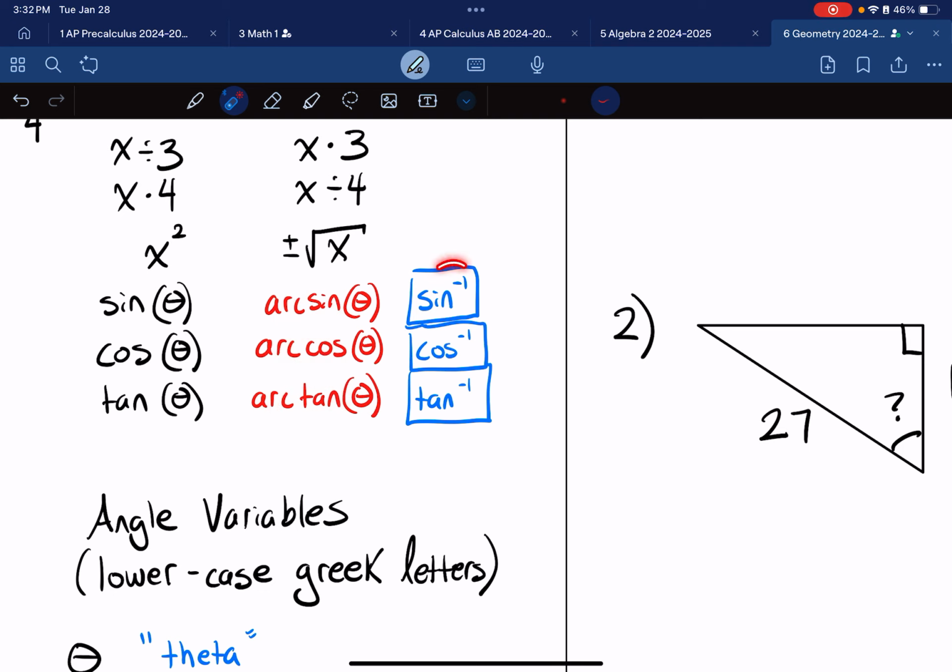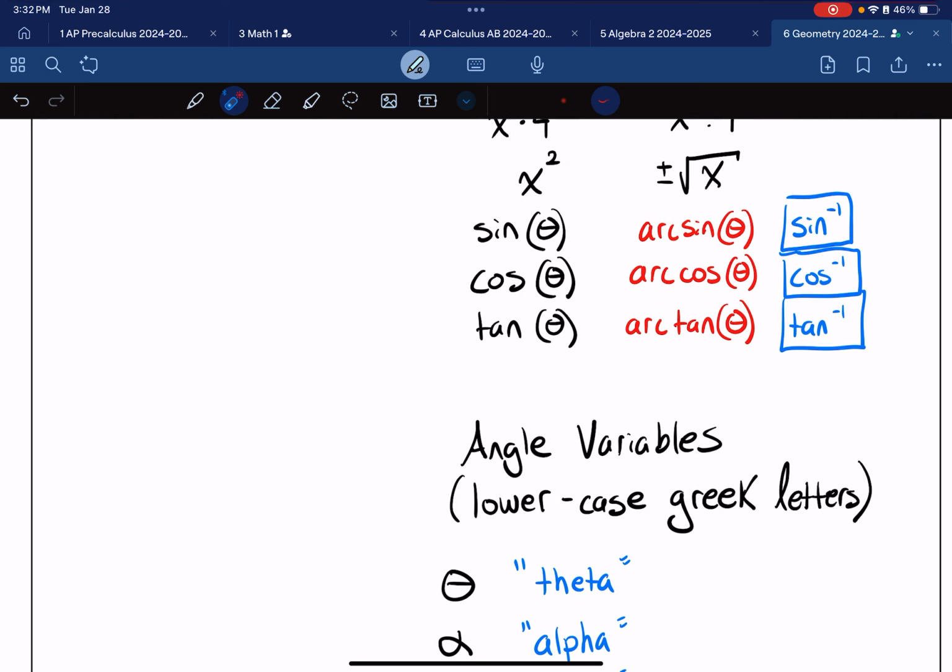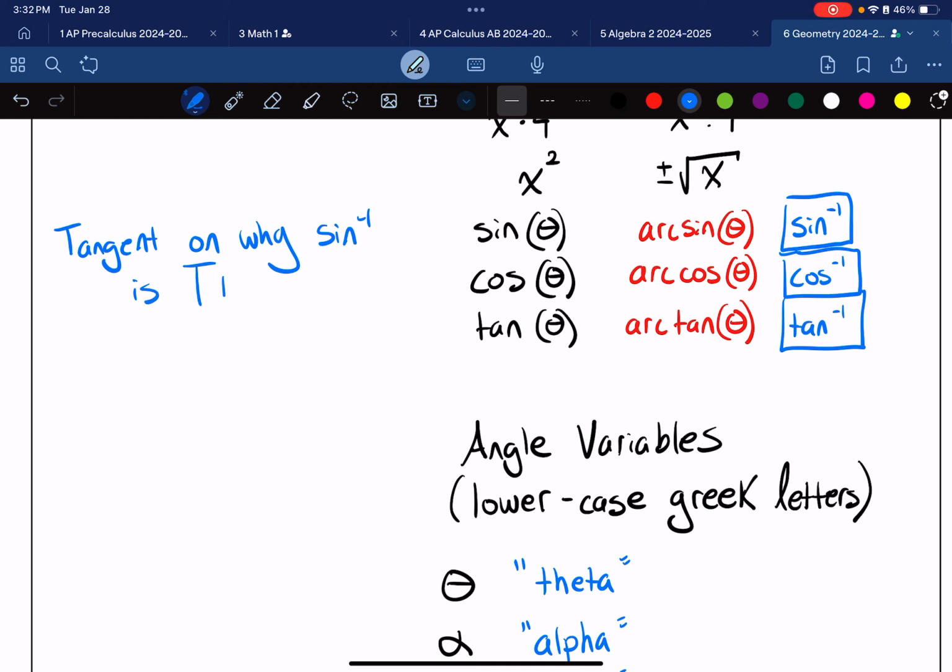This notation, by the way, is absolutely terrible. Let me go on a brief tangent to talk about why it's terrible. Let me do my tangent on why this sine inverse notation is terrible.